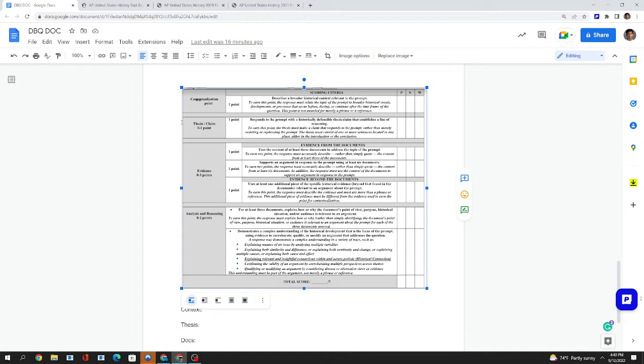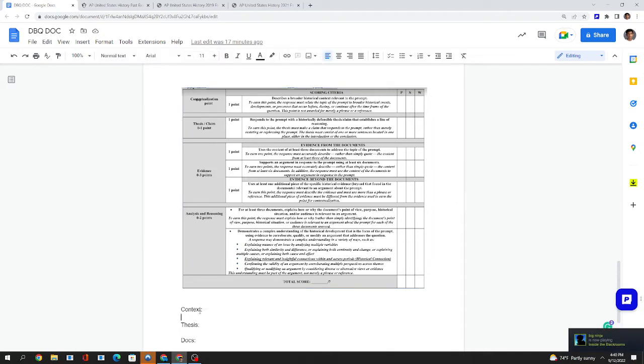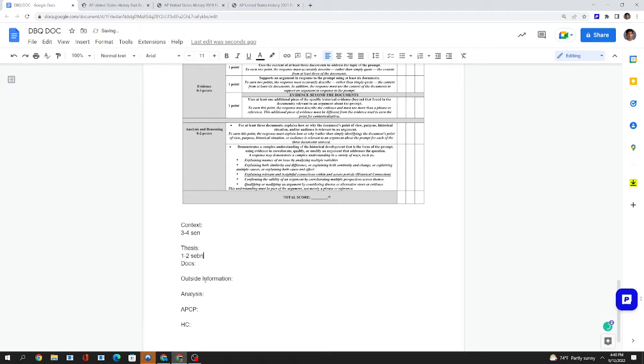I'd also like to note that when a lot of students ask, how many sentences should I have for each of these? I know people hate it, but realistically speaking, it's as much as you need to prove your point. But typically, with the time frame you are provided, you should be able to write a contextualization in about 3 to 4 sentences. And then a thesis should be 1 to 2 sentences.